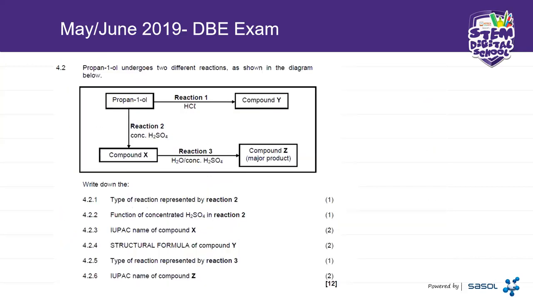Now the type of reaction represented by reaction 3. This looks like an addition reaction. Why? Because we've got H2O. We're taking this compound and adding H2O into it to form a new product or compound. Let's see what they say here.